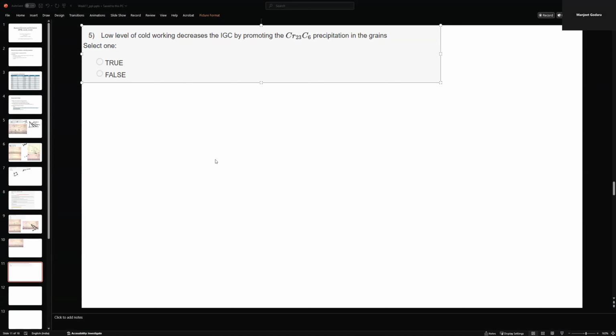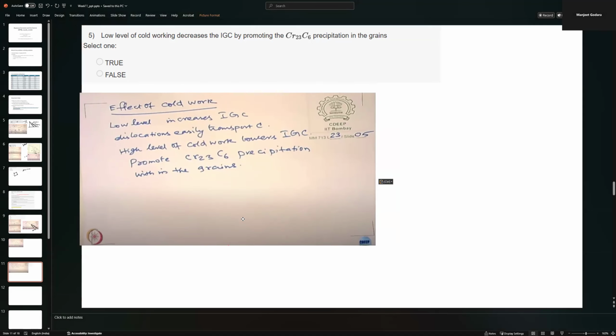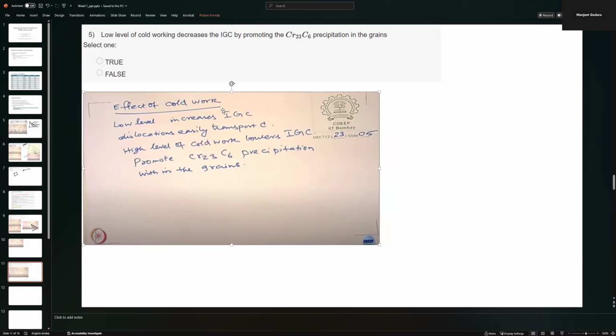So, the effect of cold working within the grain. In high level cold work, you're promoting formation of carbide inside the grain. If it is there in the curve only, Cr23C6 will form, no sir?